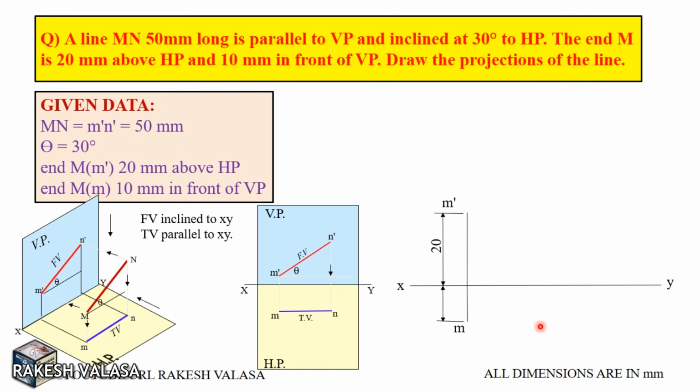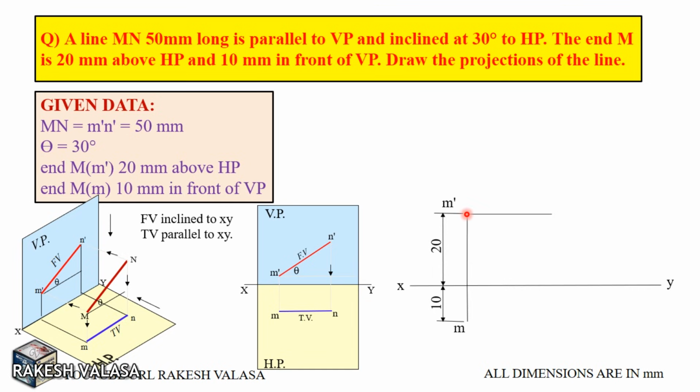The next condition is that this line is inclined at 30 degrees to the HP. We know the start point. From this M dash point, draw the 30 degrees line. That length is 50 mm. From M dash point, draw the 50 mm line. Take your protractor or mini drafter. Draw the horizontal line here.